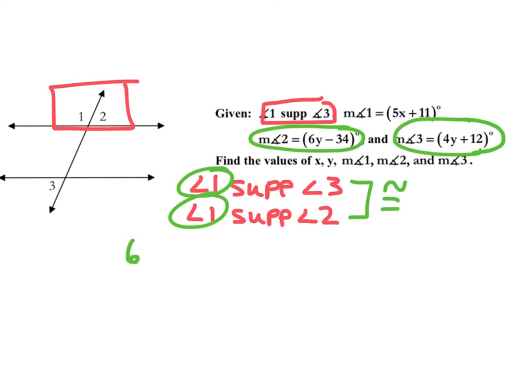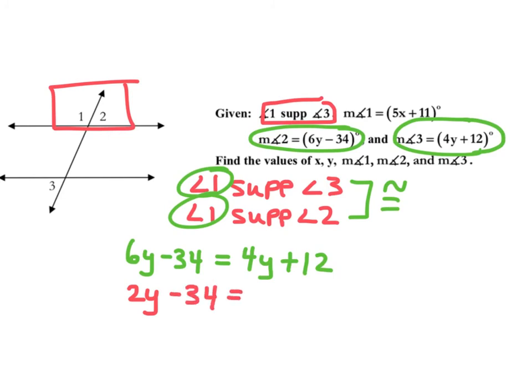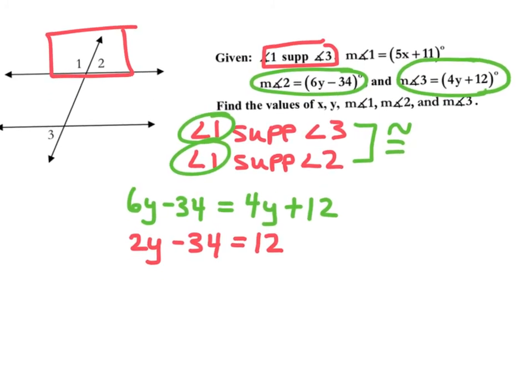I can take the 6y minus 34, set it equal to 4y plus 12, and now I can just solve for y. I'm going to subtract over the 4y. I get 2y minus 34 equals 12. Now I'm going to add over that 34.